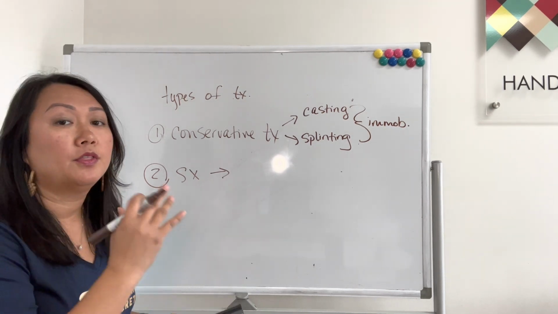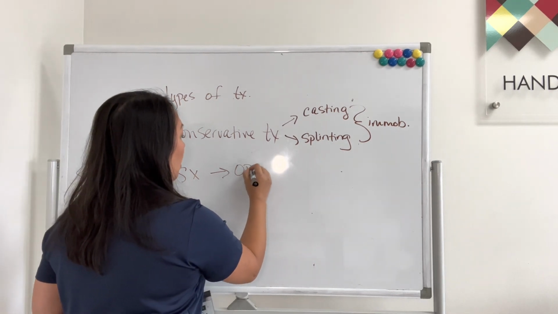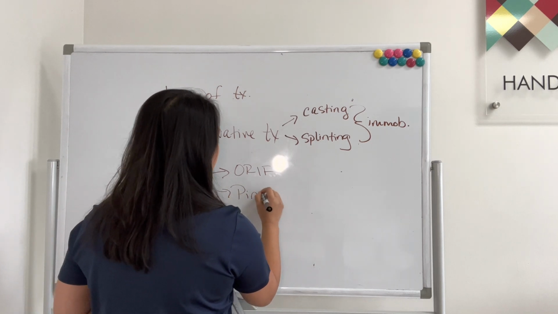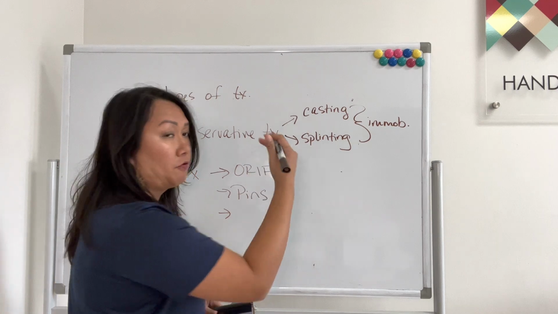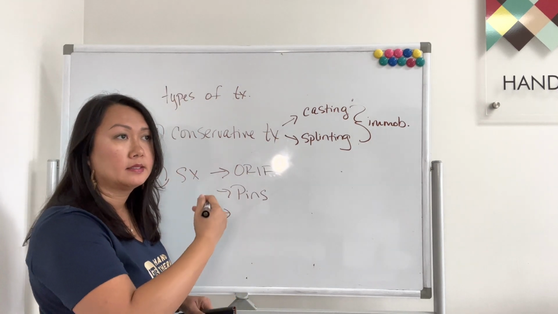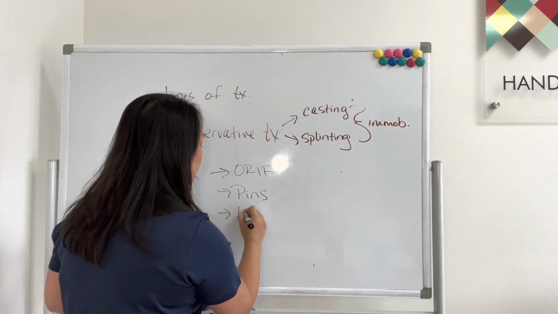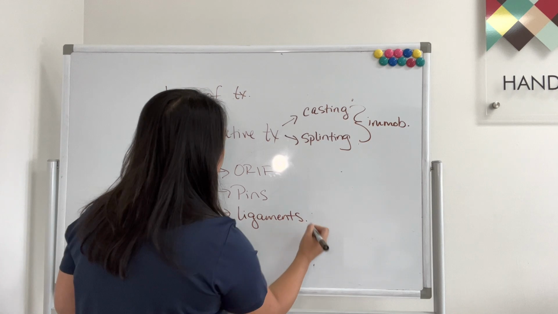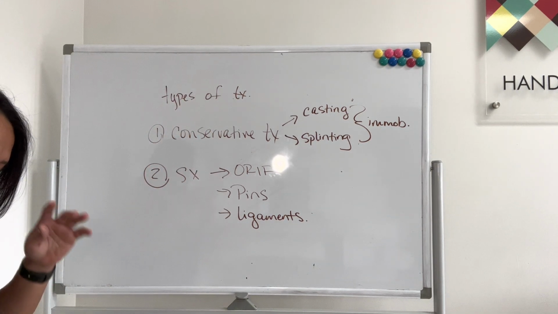Depending on the location of that fracture, you might see an ORIF, you might see pins, right? What else? From that anatomy portion, you might also see ligament repairs, and of course it depends on the case.